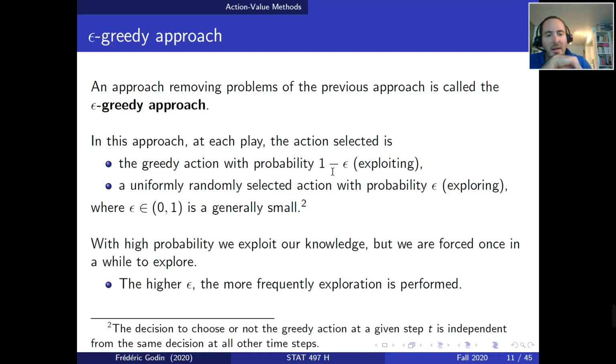But with a small probability epsilon, you will explore, you will try new actions by sampling a random one. So the higher epsilon is, the more frequent exploration is. If epsilon is very small, you'll almost never explore. If epsilon is large, then you'll explore quite often.